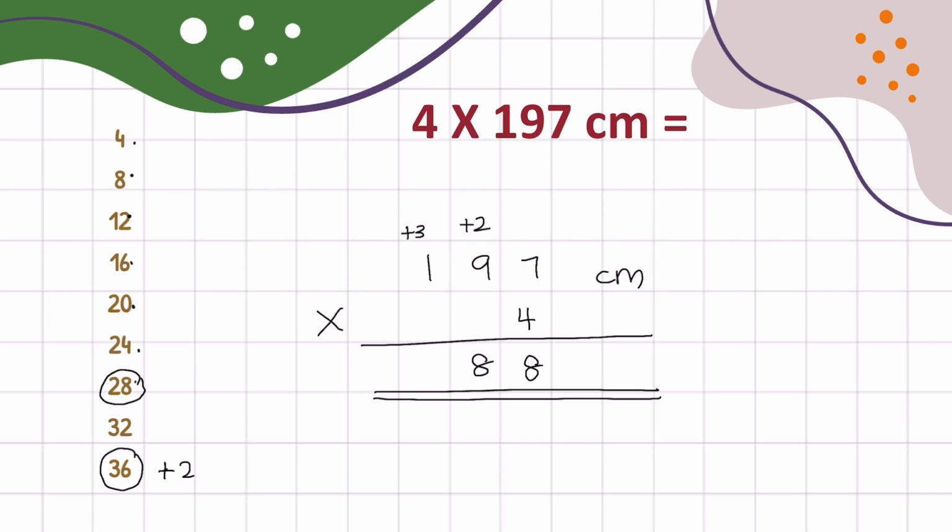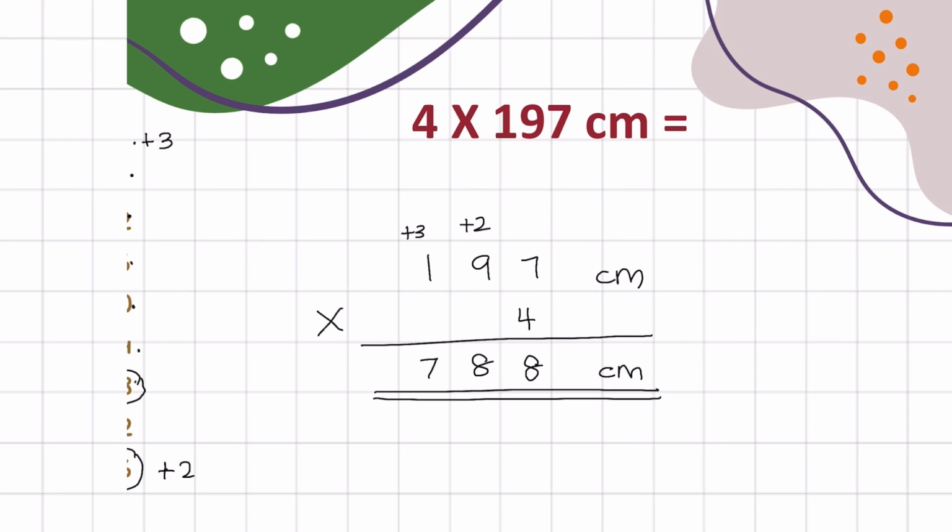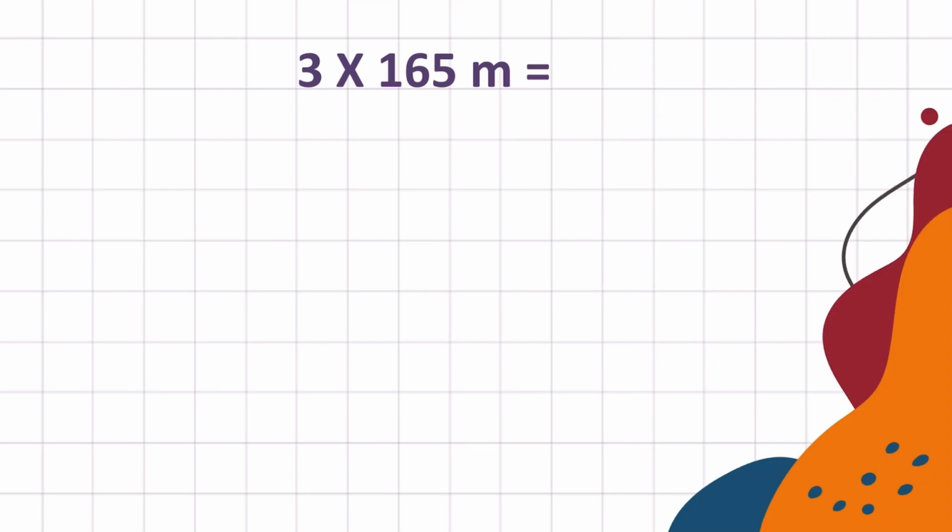Next, 1 times 4 is equal to 4, and then plus 3 equals 7. So we write down 7. Don't forget to bring down the unit, which is centimetre. So 4 times 197 centimetre is equal to 788 centimetre.